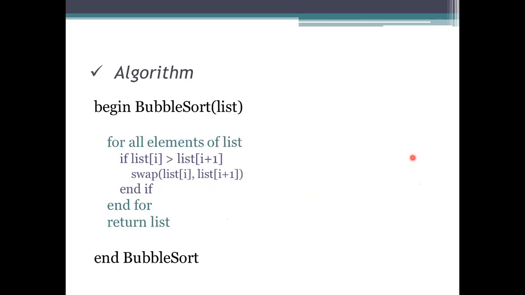Coming to the algorithm, first we need to take all the elements of the list. After that, we need to compare the elements. So how are we going to compare the elements? Let it be an array.